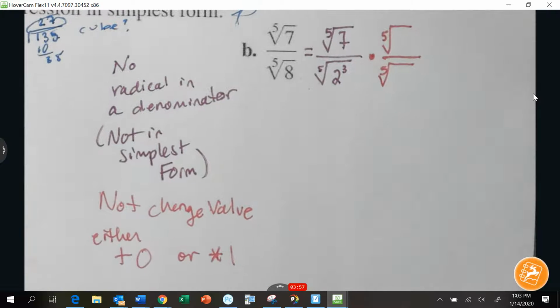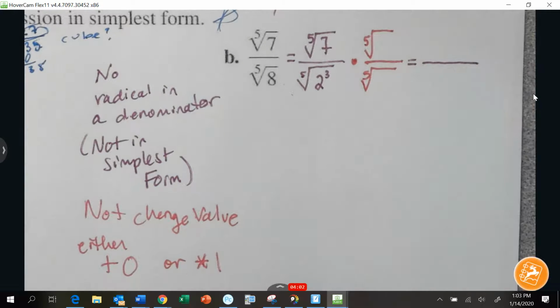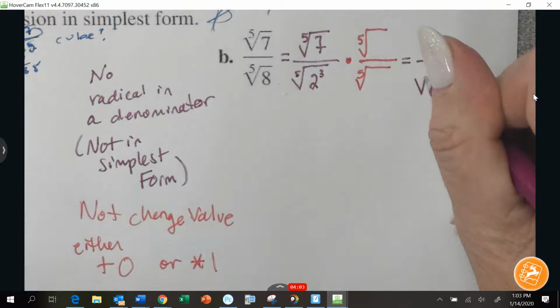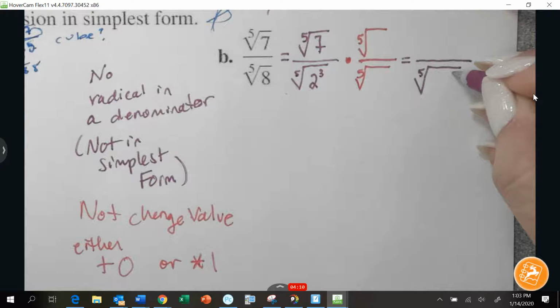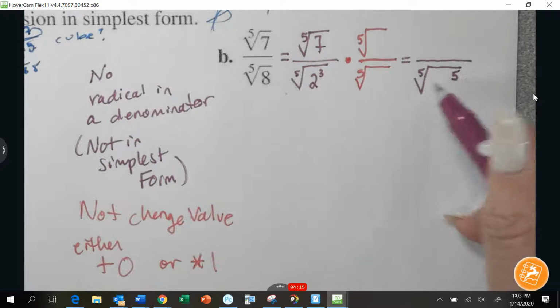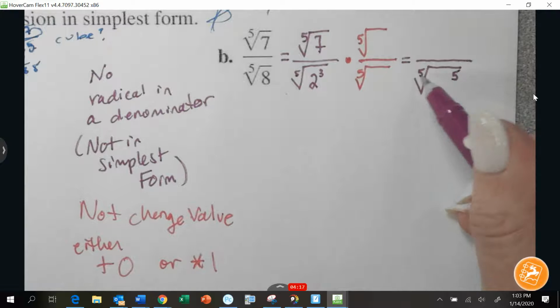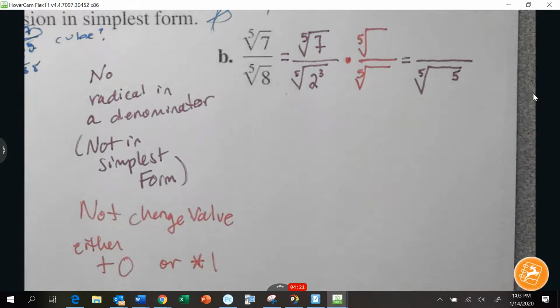And when I'm done multiplying, I will still have a 5th root for a moment, but it's got to be something that has a power of 5, so that when I have a power of 5 and a 5th root, these things undo each other and I just get a number that does not have a radical.